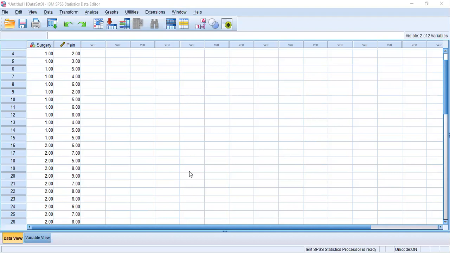Coming to the D part, the question is whether we are accepting the null hypothesis or the alternate hypothesis. In this case, we are accepting the alternate hypothesis, at a t value of 3.578 with a significance of 0.001.